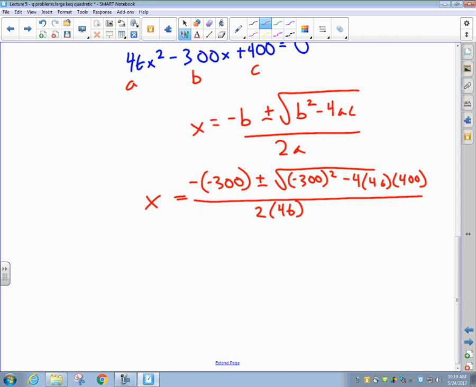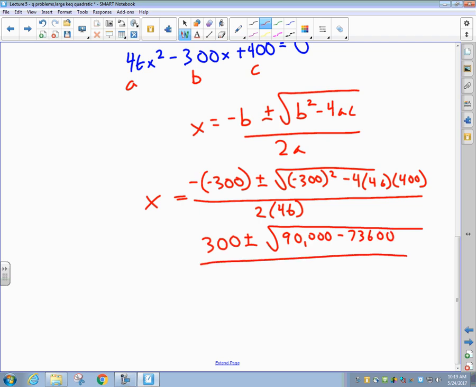So I'm going to simplify this a little bit here. We're going to end up with just simply 300 plus or minus the square root of, negative 300 squared is 90,000, minus 73,600, all over 92. That equals x.